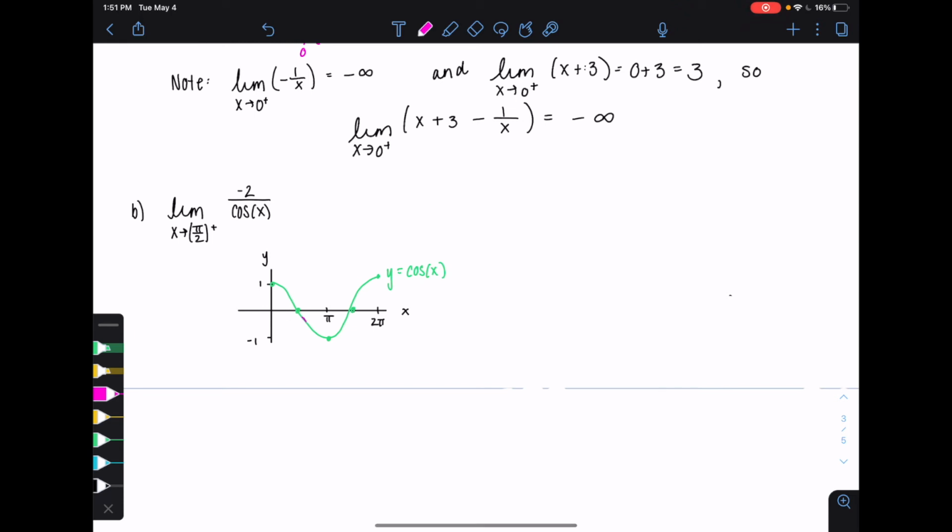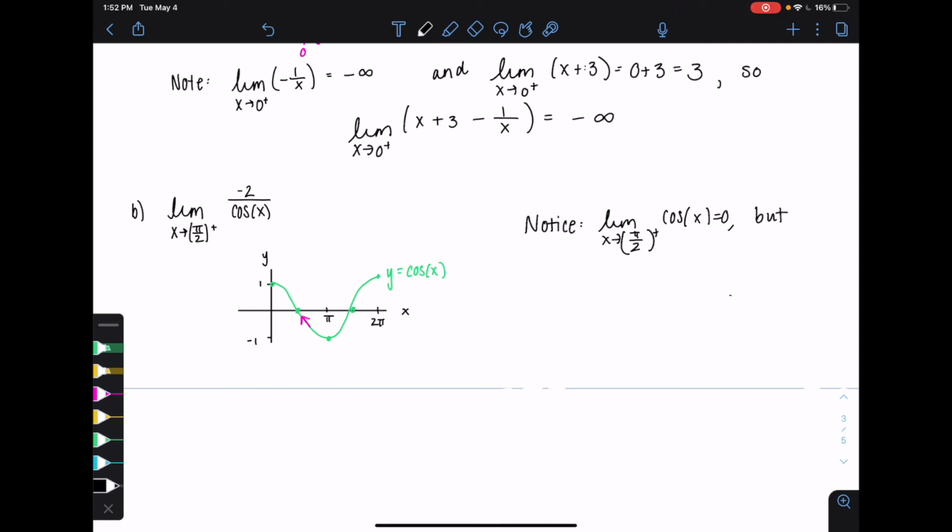If we approach pi over 2 from the right, it's going to 0, but it's going to be a very small negative value from this right-hand side. So we want to notice that the limit as x approaches pi over 2 from the right of cosine of x is 0.